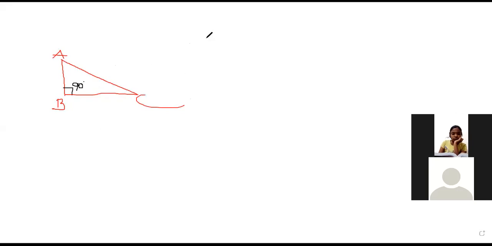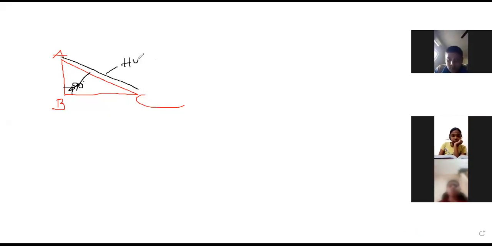And here one law is there. That law is called the right angle triangle law or Pythagoras law. What is that law? Here in the right angle triangle, this is the 90 degrees. The opposite side of the 90 degrees, this slant, inclined line, is called the hypotenuse.